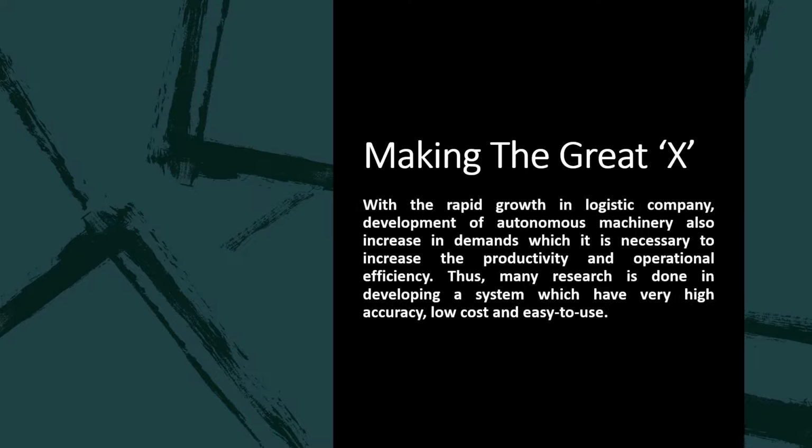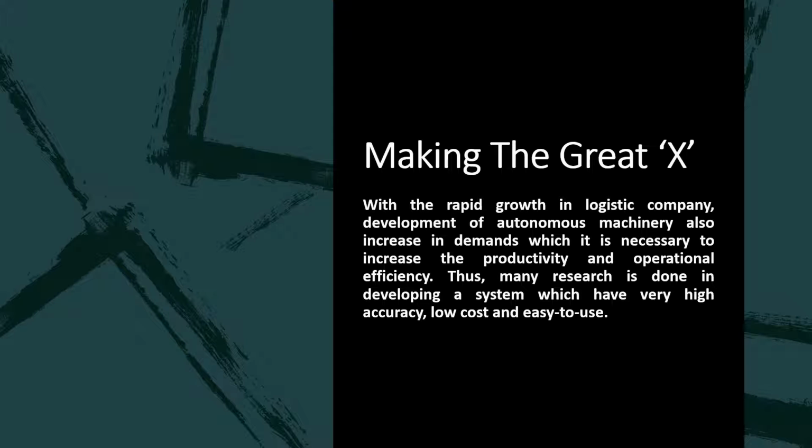Therefore, in my project, I'm focusing on something which is due to the rapid growth of logistic companies, we need to develop something to tackle this issue to help the autonomous machinery, which can increase the productivity and operational efficiency.